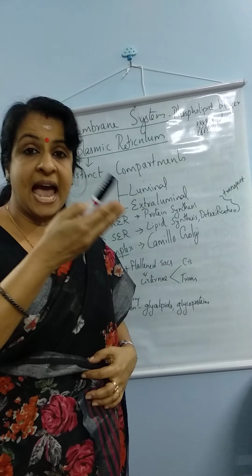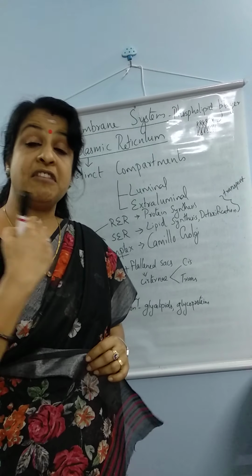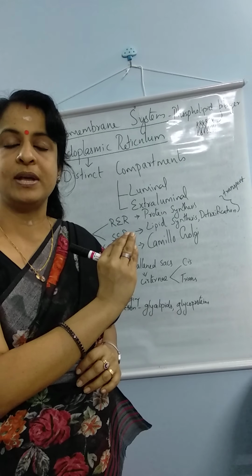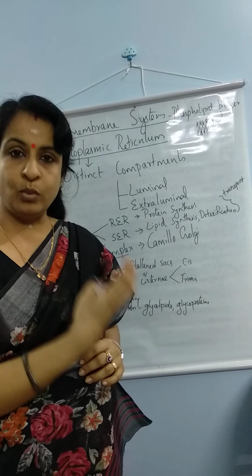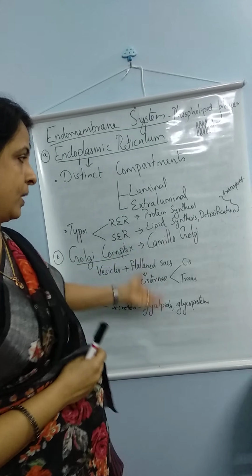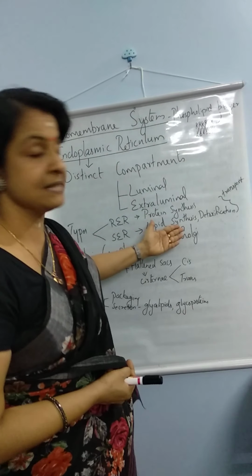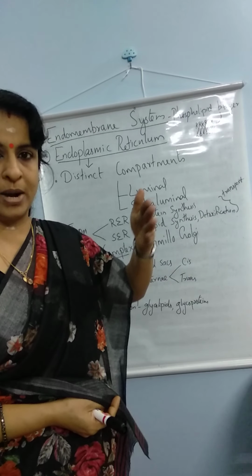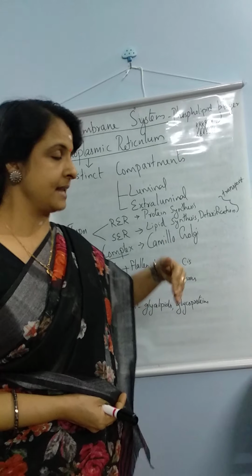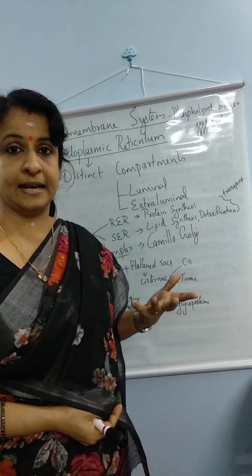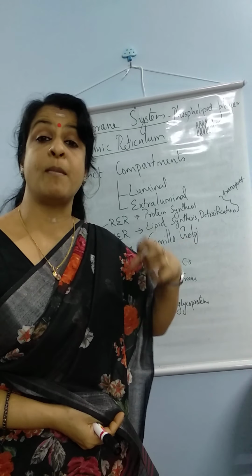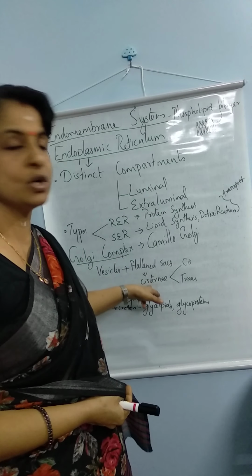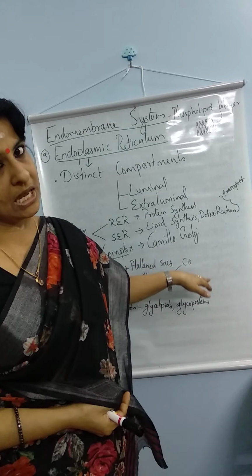In the various stacks of this Golgi body, there are different types of enzymes. Each compartment of the Golgi body has various enzymes, by which the proteins transported from the endoplasmic reticulum are modified. The endoplasmic reticulum can transport things, but they should be transported in the form of vesicles. It will first transport to the cis part of the Golgi apparatus.